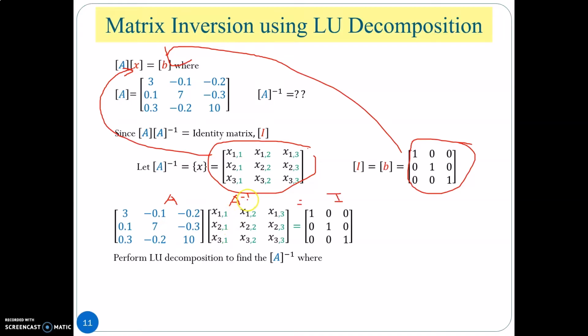And we assume the A inversion to be the unknown X, so unknown X at the first column, second column, and third column. Similar to the previous example, you can treat this equation as multiple inputs and multiple outputs.